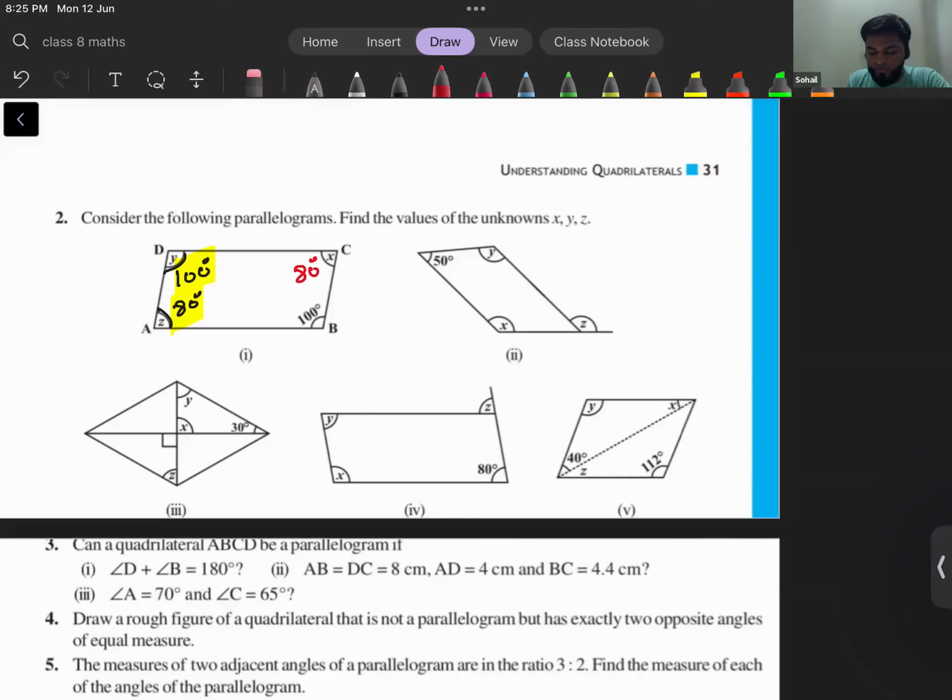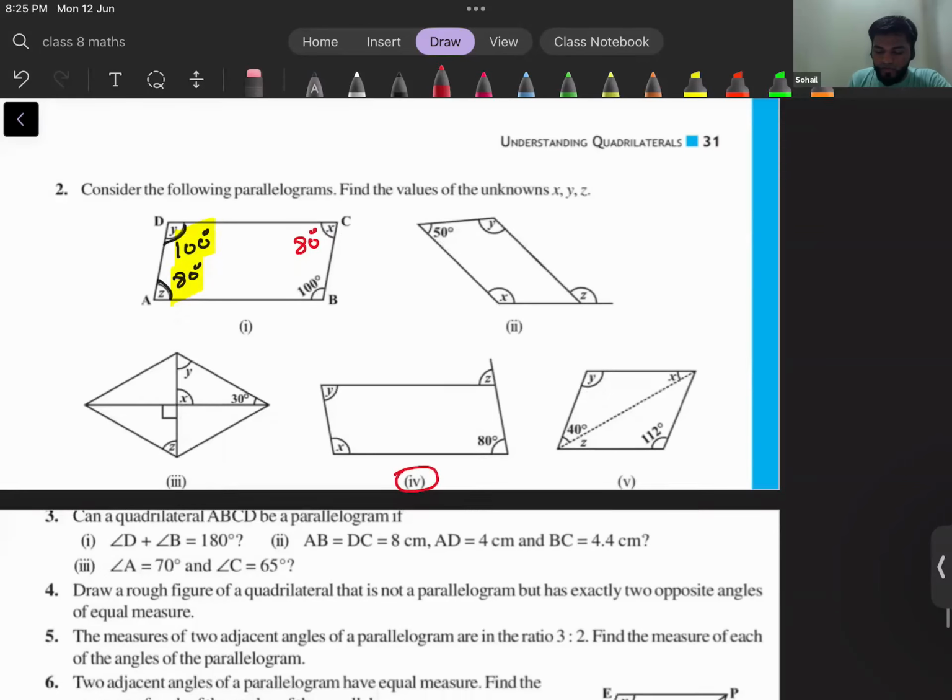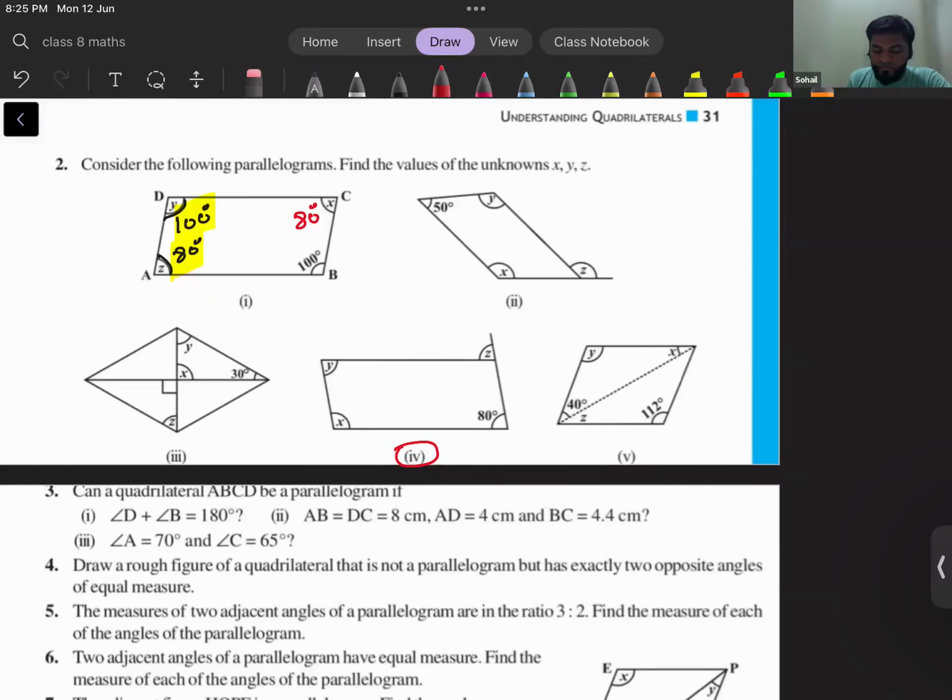Now move on to figure 4. Y's value is 80 degree. X value is 20? Sir, the X value is 130 degree in figure number 4.